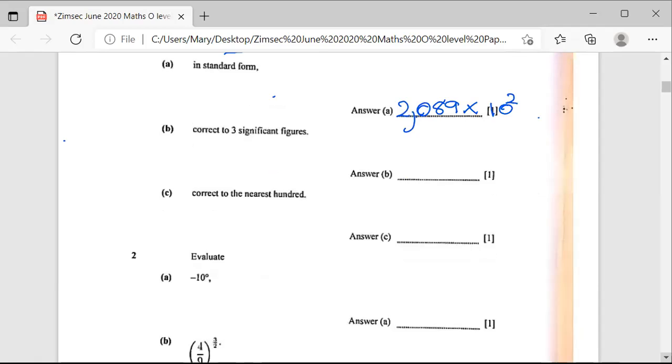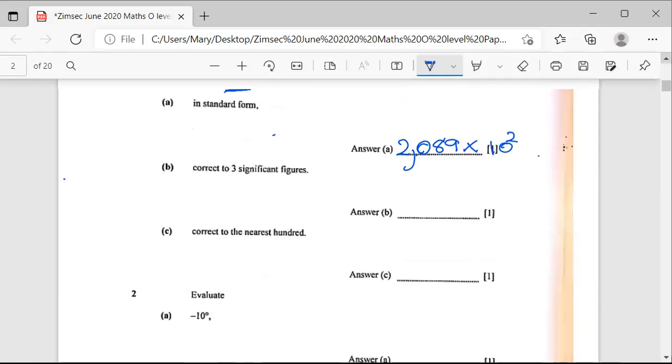Then the second one, okay, we need to see the question. Then the second one, it says express 208.9 to 3 significant figures. When you are expressing a number into 3 significant figures, you need to count how many numbers we have. You must express it until the third number, because in this case there are no leading zeros.